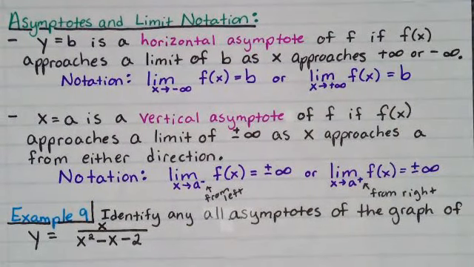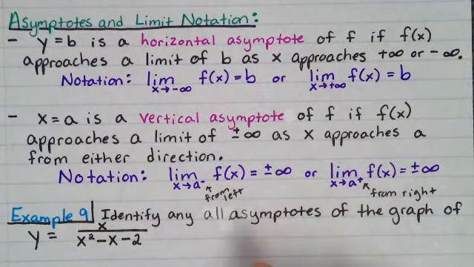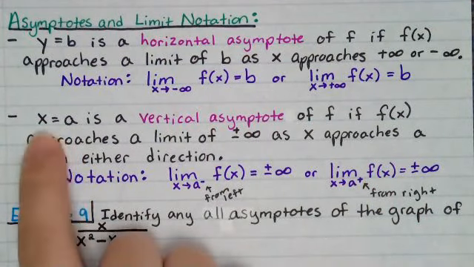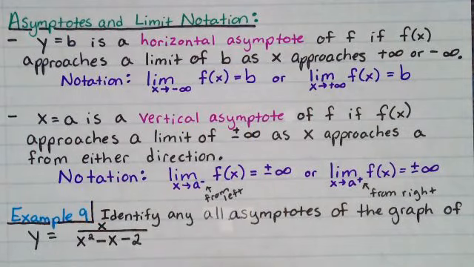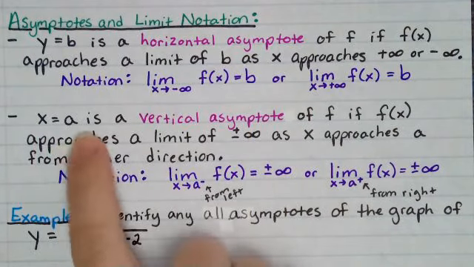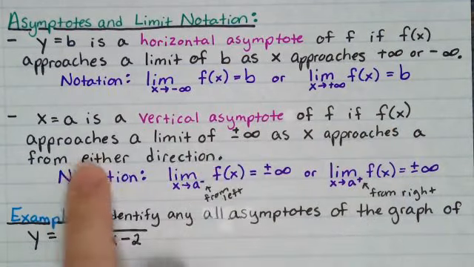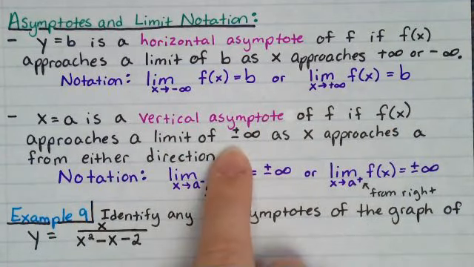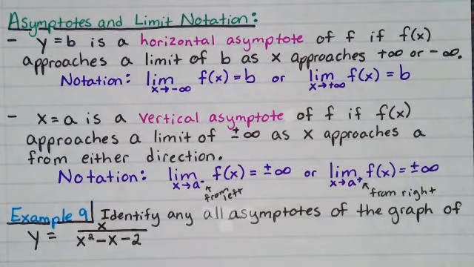And for a vertical asymptote, we're going to use some limit notation as well. Same idea, we have this value it's approaching, but this time it's the x value because it's a vertical asymptote. So we're saying x equals a is a vertical asymptote of f if the f of x function approaches a limit of positive or negative infinity as your x approaches a from either direction.